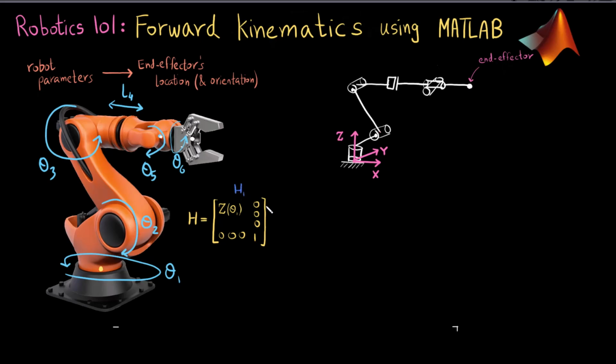Now my second homogeneous transform is first going to take this point and move it to the center of this revolute joint. In order to go from here to here, there is going to be some displacement in the x direction and some displacement in the z direction. I can call these x1 and z1, and there's no displacement in y, so 0.